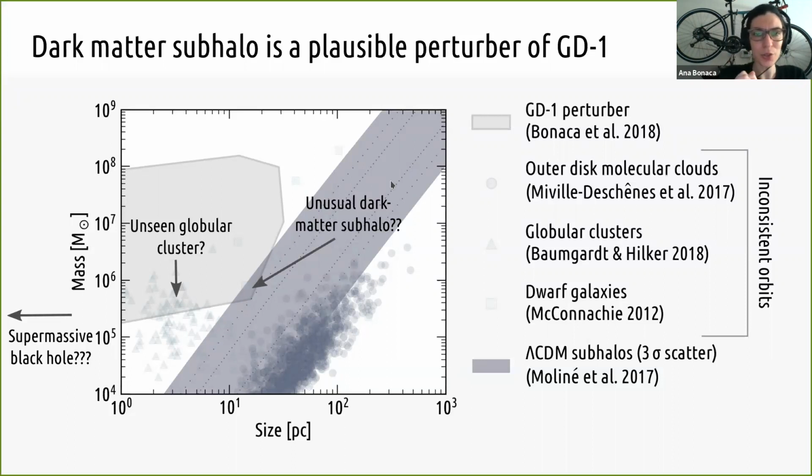And indeed, that whole relation is shifted to more compact sizes with respect to the lambda CDM halos themselves that are not tidally stripped. In order to survive, these subhalos have to be more compact. So this is why the band is over here.